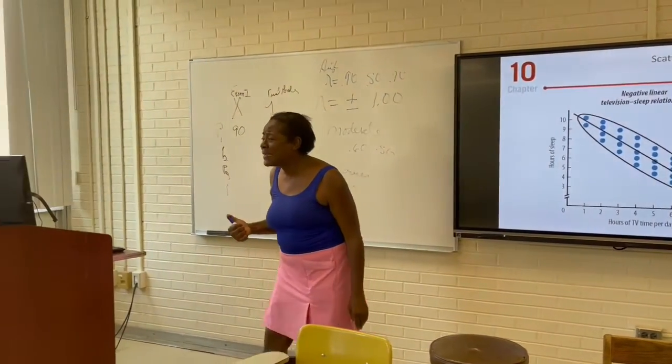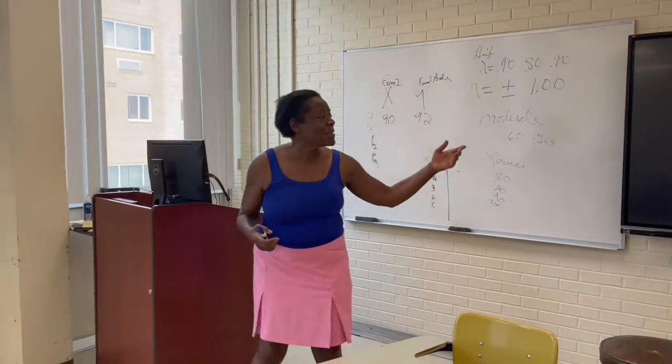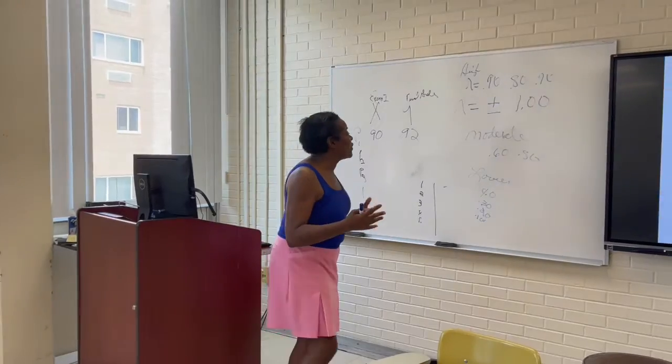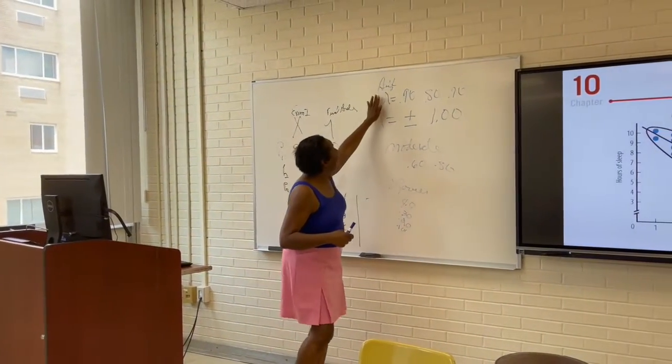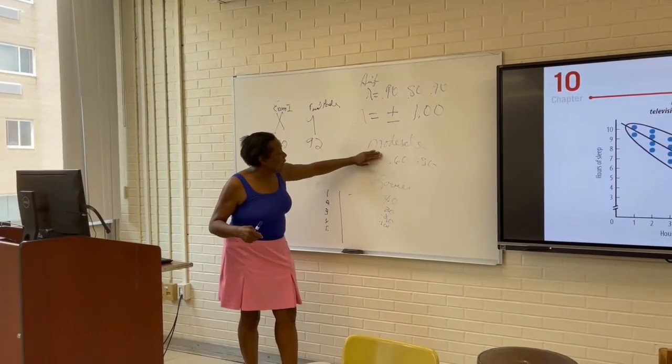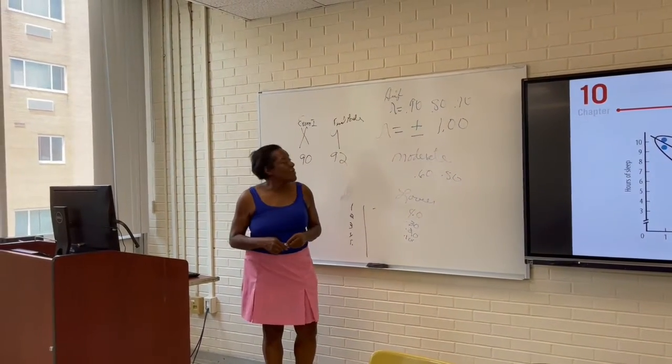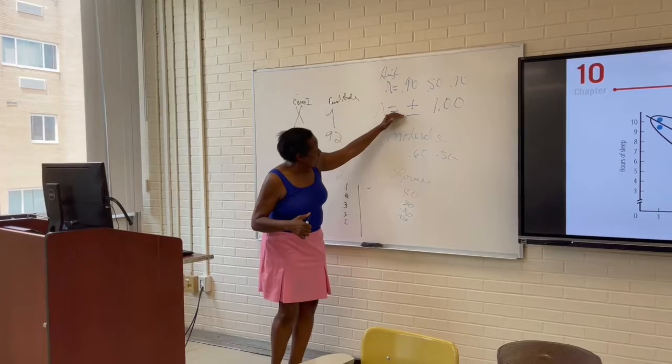Variable Y, hours of sleep, is decreasing, meaning you're not going to get that many hours of sleep if you're watching TV all day. So it is a negative relationship. And here again, there could be a high negative, a moderate negative, and a low negative, with respect to the value of R.